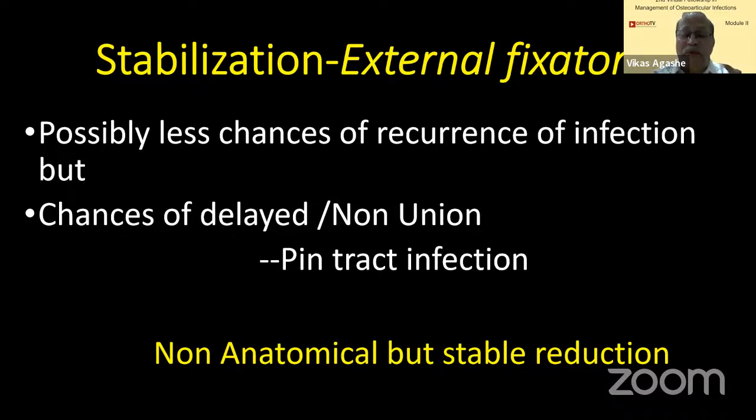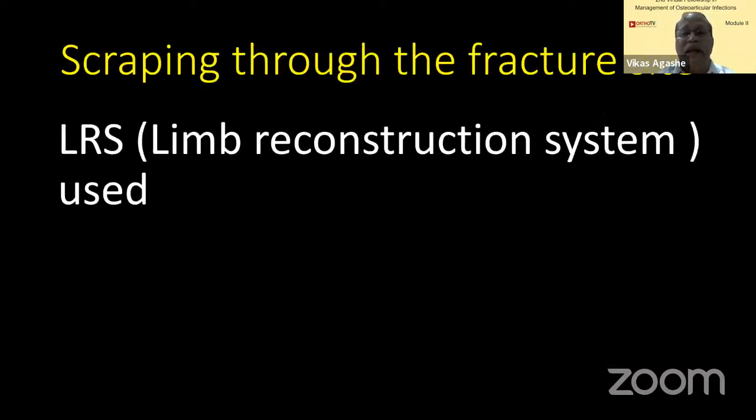So how do you prevent delayed or non-union? Use a non-anatomical but stable reduction. We discussed that at length in open fractures. If I scrape through the fracture site, yes, I can do that reasonably well and then add some kind of fixation.